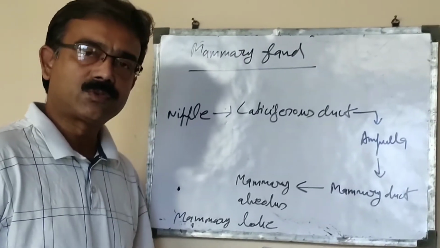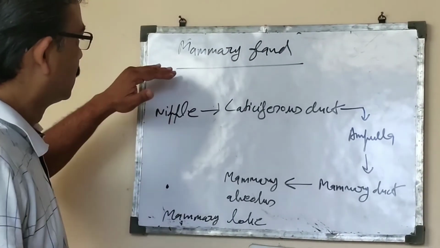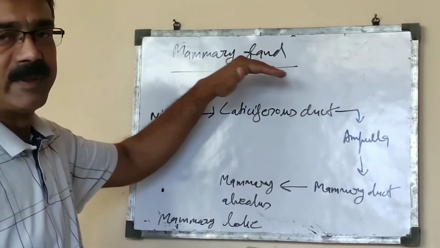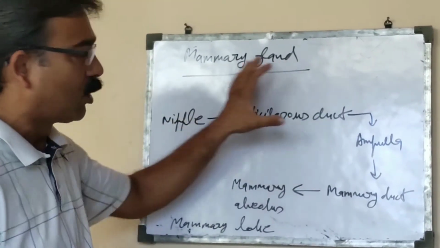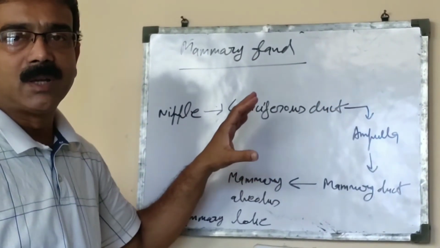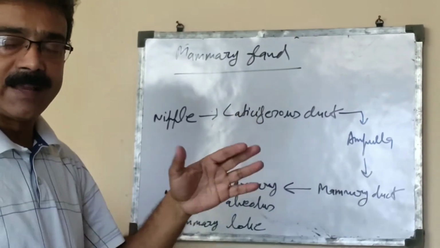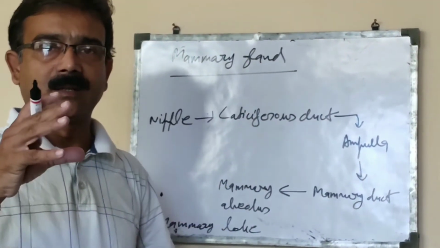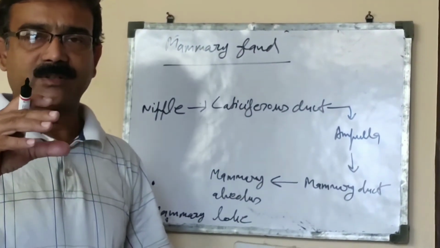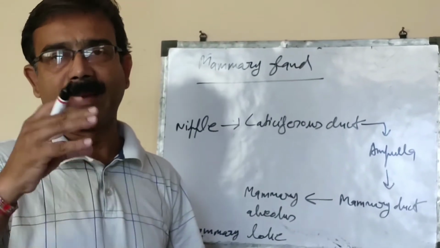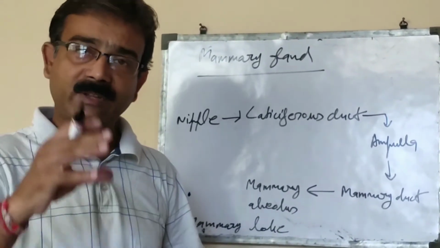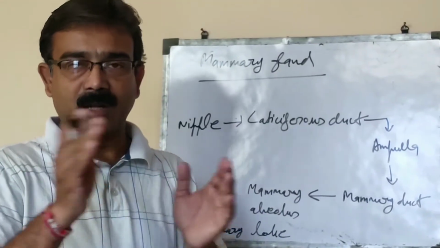Now students, I am going to describe the structure of the mammary gland. Here you are observing a layout of the mammary gland. Actually, the mammary gland is a combined structure of so many tubules or ampullae. How they work and how they are arranged, now try to understand.